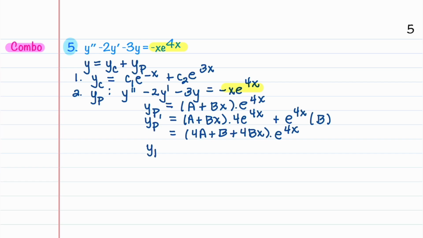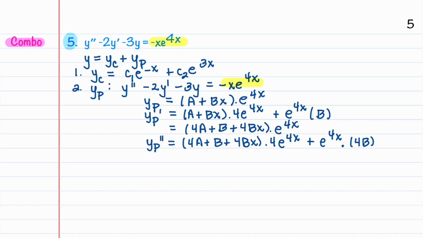Now let's take the second derivative. It's the first, 4a plus b plus 4bx times the derivative of the second, 4e to the 4x, plus the second, e to the 4x, times the derivative of the first, which is just 4b.